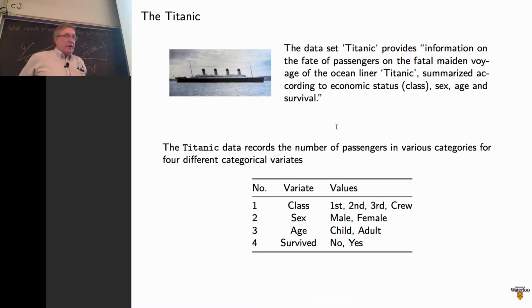The information that we have is what class they were in: first, second, or third class passengers, or a member of the crew; the sex of that person, male or female; whether they're an adult or child; and whether they survived or did not survive. So this is a table. We want to look at just comparing some of the numbers in this table.